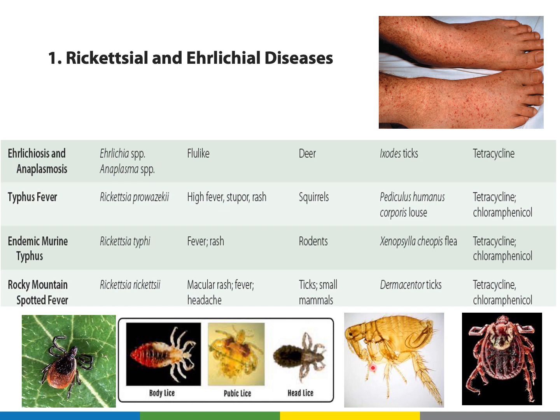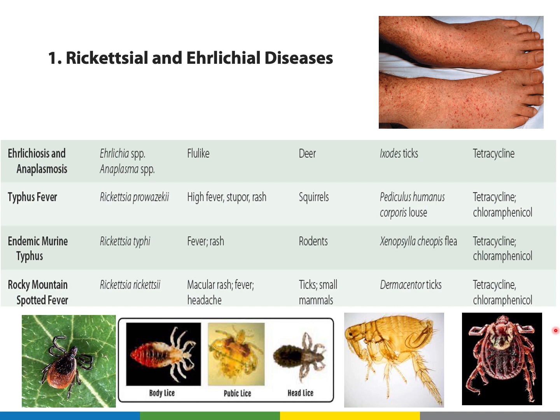The pathogen responsible is Rickettsia typhi, a common inhabitant of the rat. Endemic murine typhus is clinically indistinguishable from typhus fever. Tetracycline and chloramphenicol are effective treatment for endemic murine typhus, and rat control is the best preventive measure for this type of infection.